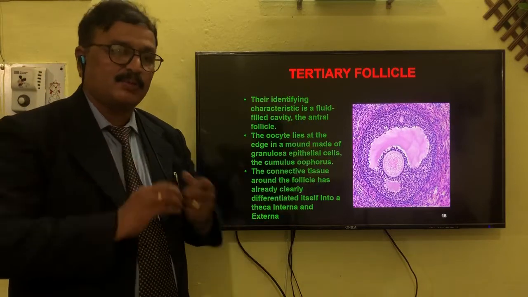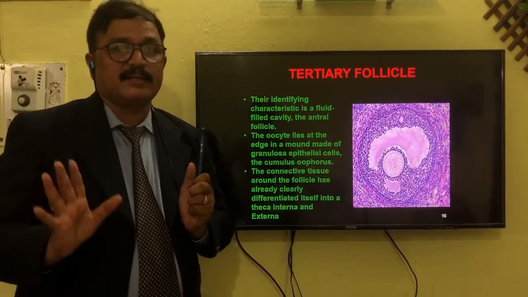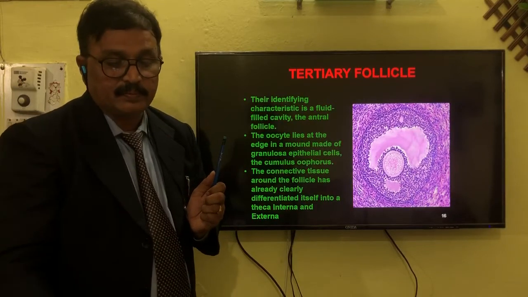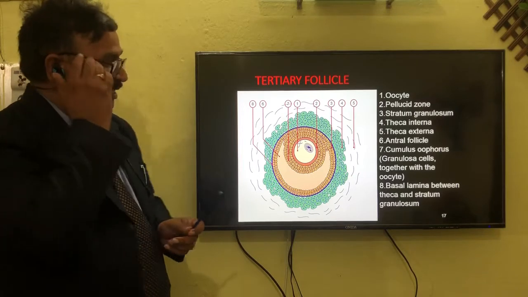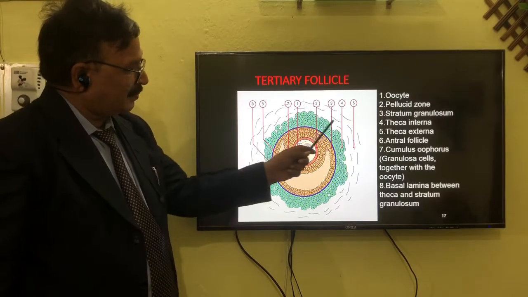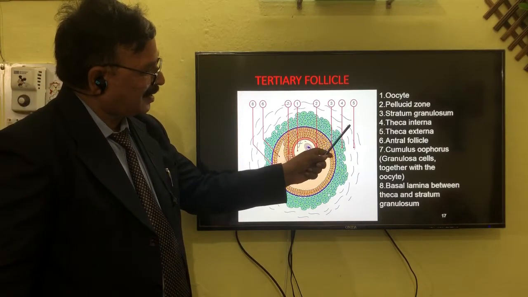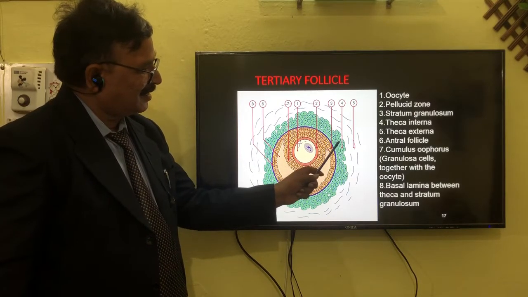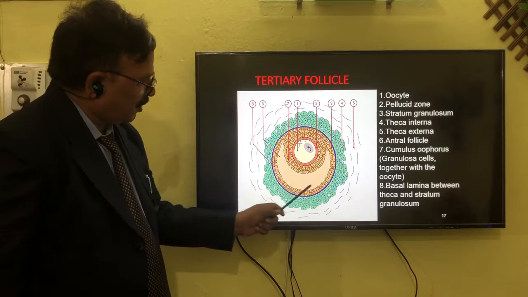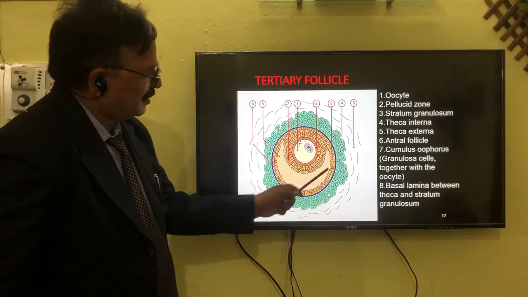After that, it becomes matured and ruptures, releasing the secondary oocyte or ovum, female gamete. This is the structure of tertiary follicle. You see, there are 2 layers, theca externa and theca interna. Externa, interna. Then, what do you call this layer?